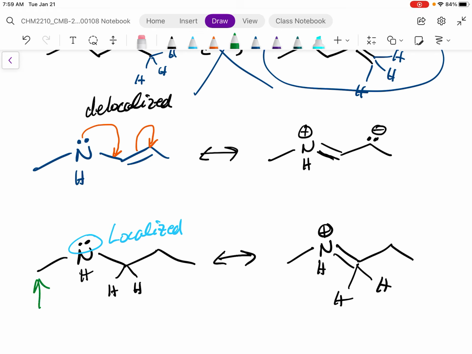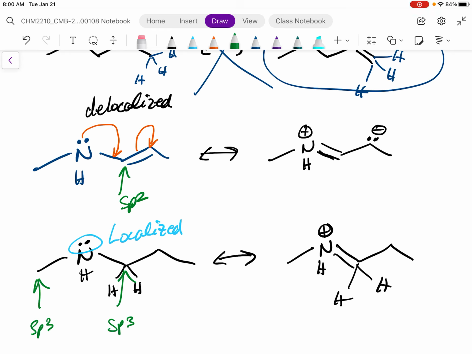What's the hybridization state of that carbon? sp3. There are no p orbitals for the electrons in the pi bonds or the lone pairs to move around in. But when we take a look at this one right there, that is, in fact, sp2. And so those electrons can move.